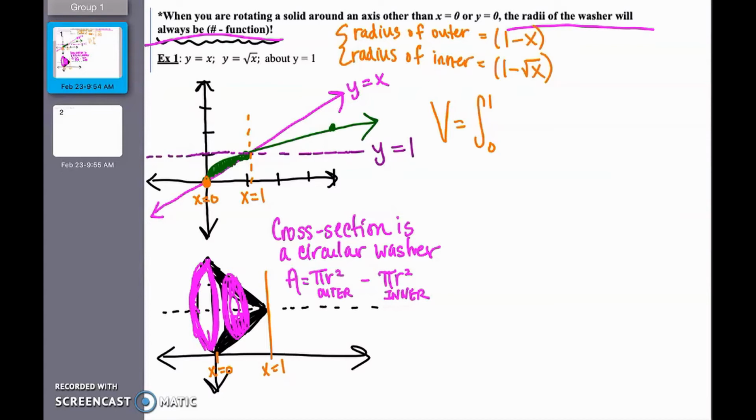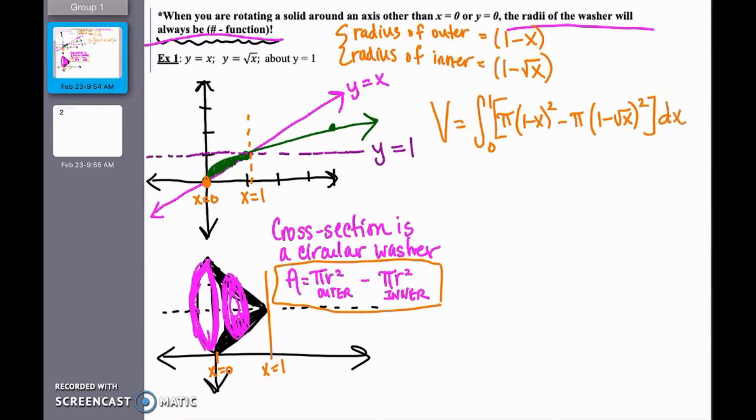Well, again, the area of the washer is going to be pi times the radius squared of my outer, so 1 minus x quantity squared, minus pi times the radius of my inner, so 1 minus the square root of x squared, okay? And then dx, right?